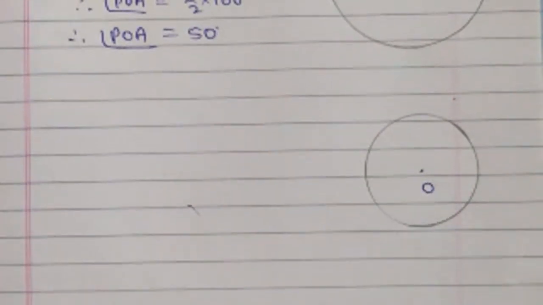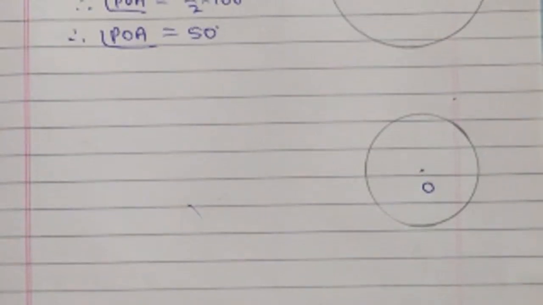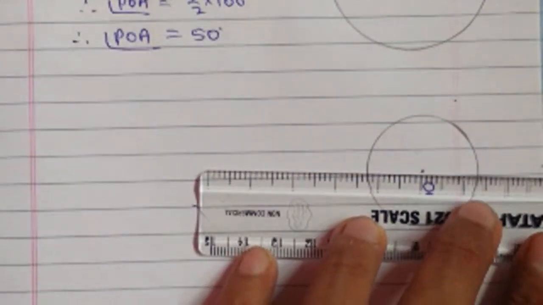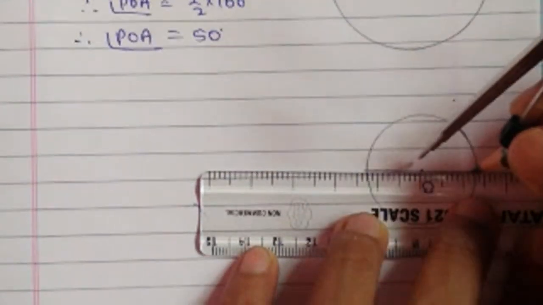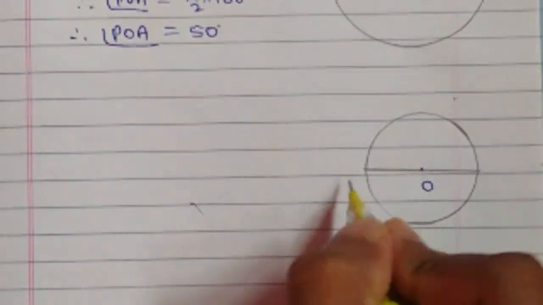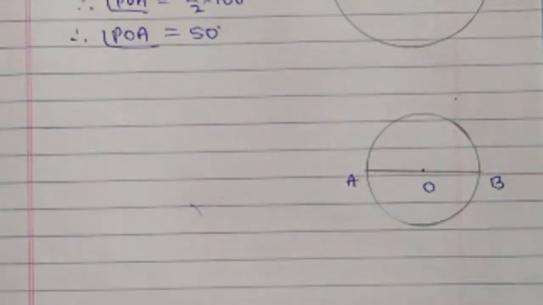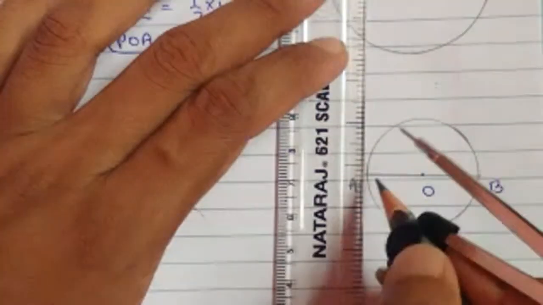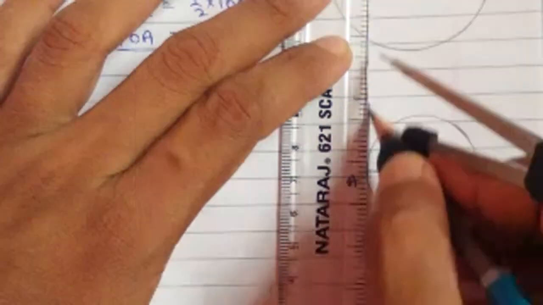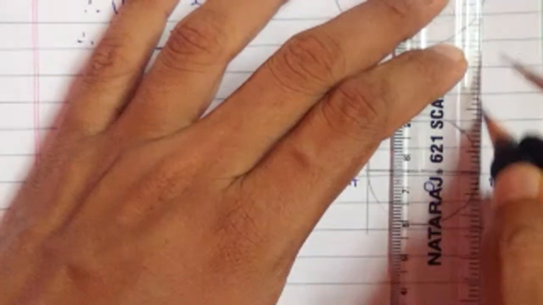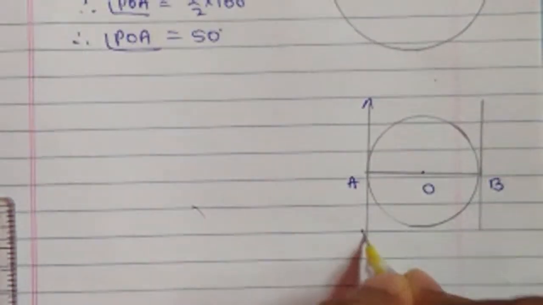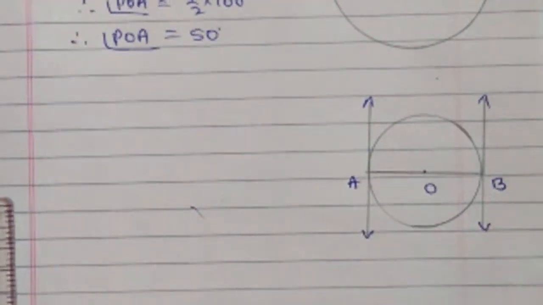And what is given? The tangents drawn at the ends of the diameter. First I will draw the diameter. So this is the diameter. I will call the endpoints A and B, and tangents are drawn at the ends of the diameter. So here we have to draw the tangents. These are the two tangents.